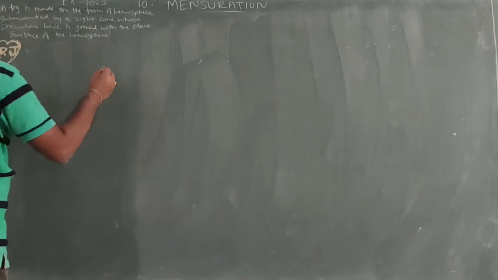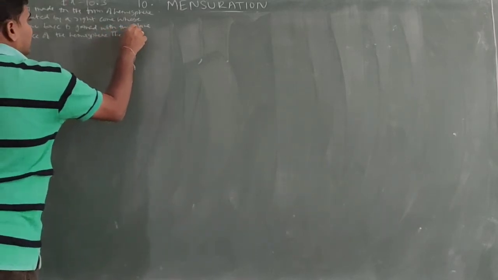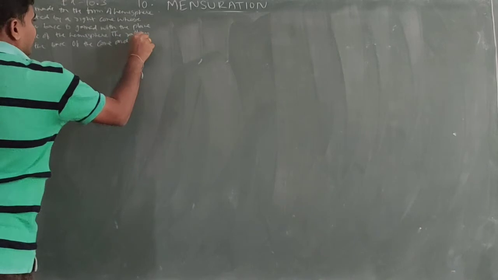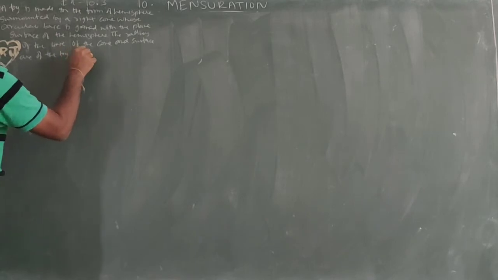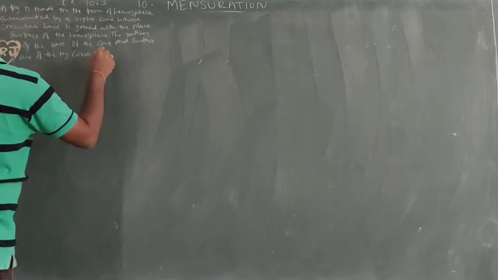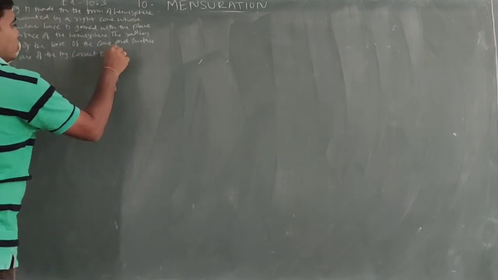The radius of the base of the cone and surface area of the toy, correct to two decimal places.